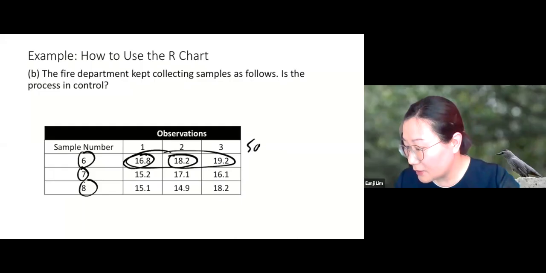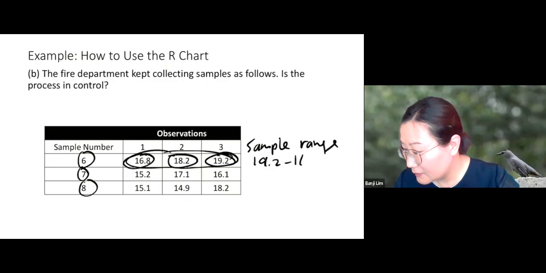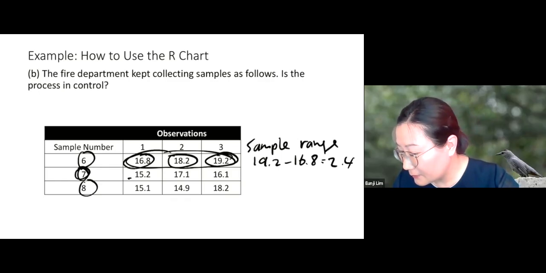What's the sample range of sample number 6? The largest value minus the smallest value, which is 2.4. What's the sample range of sample number 7? The largest value minus the smallest value, 1.9. Next, what's the sample range for sample number 8?